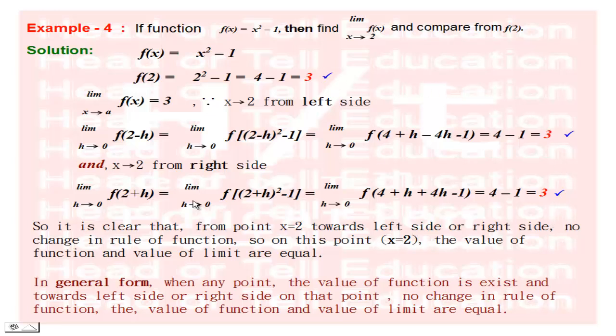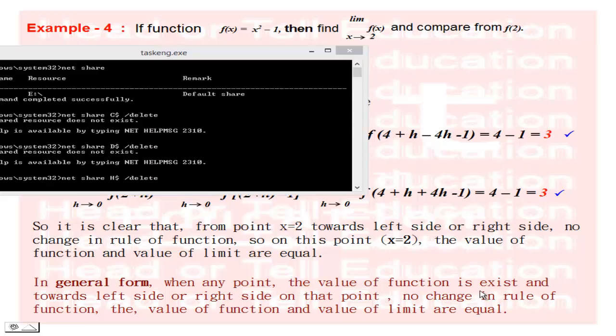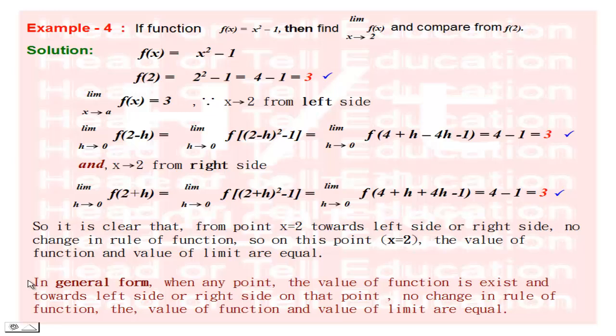So in general form we can say that when at any point the value of the function exists, and towards the left side or right side there is no change in the rule of the function, the value of the function and the value of the limit are equal.